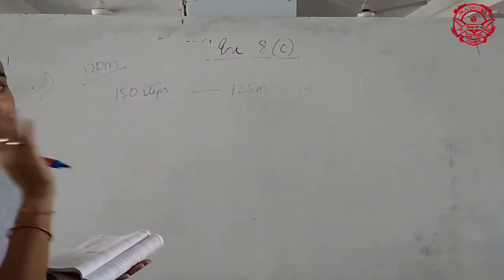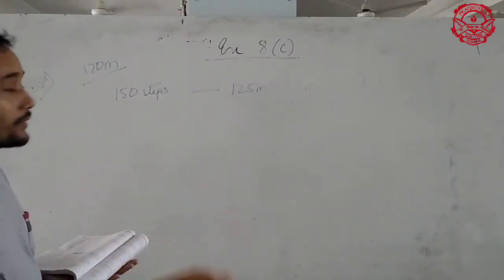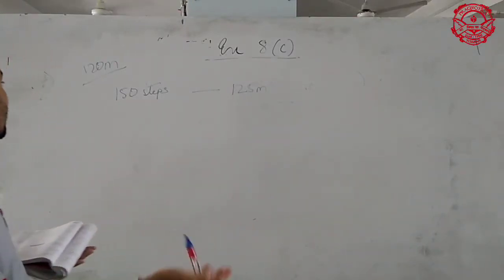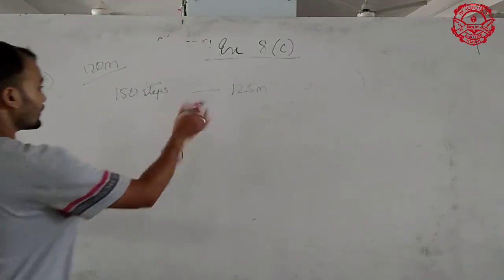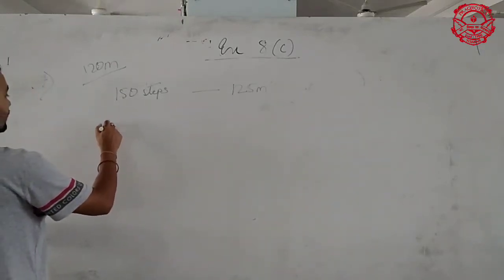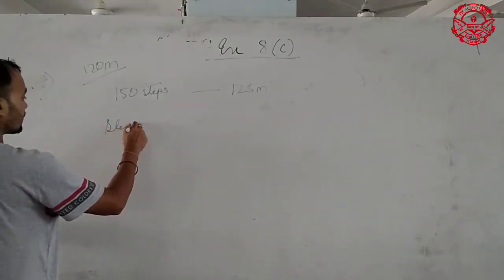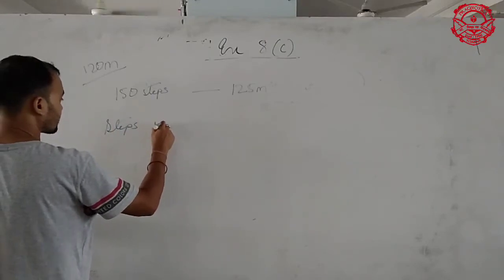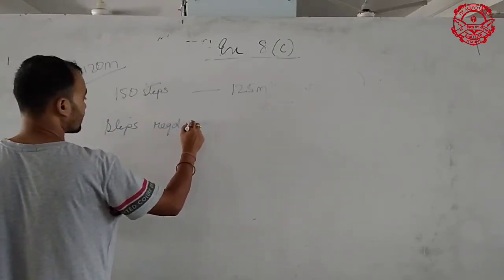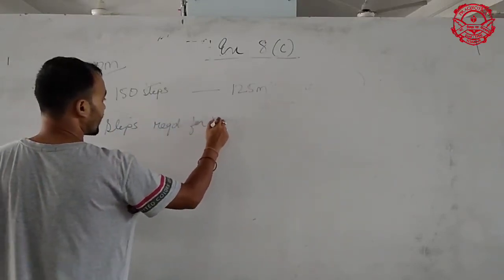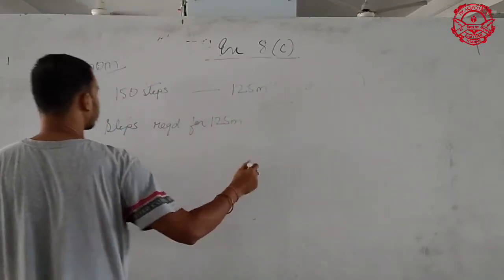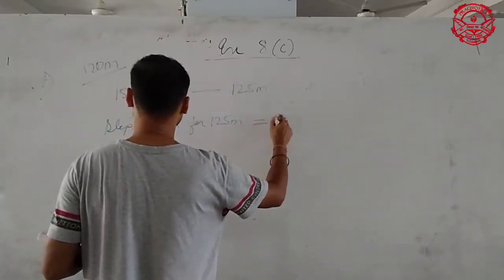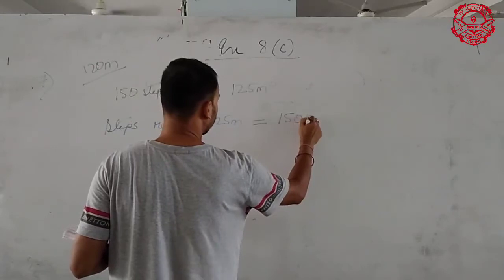In order to travel 120 meter, how many footsteps he has to make? Now see, reverse this. Steps required for 125 meter equal how many? Is equal to 150 steps.